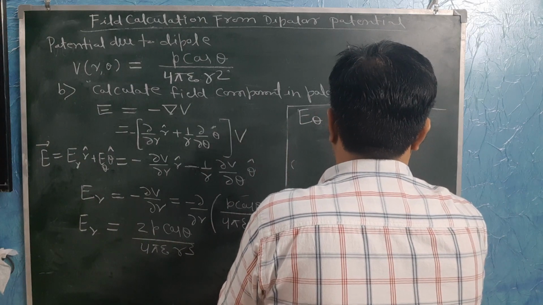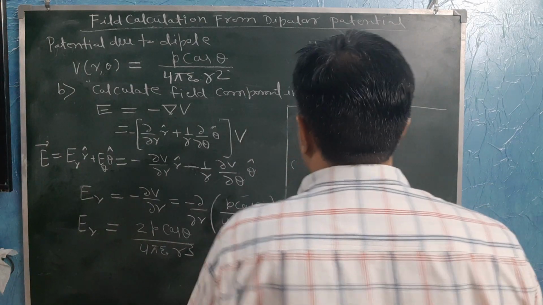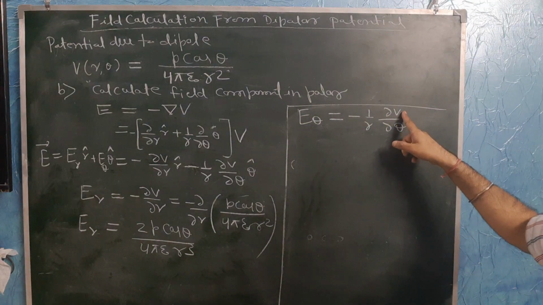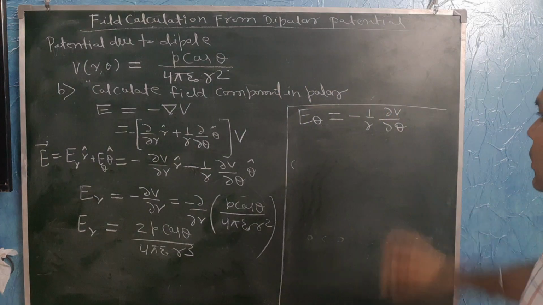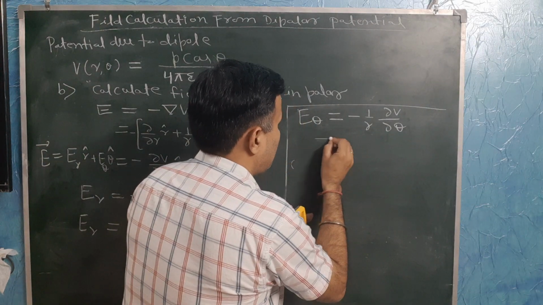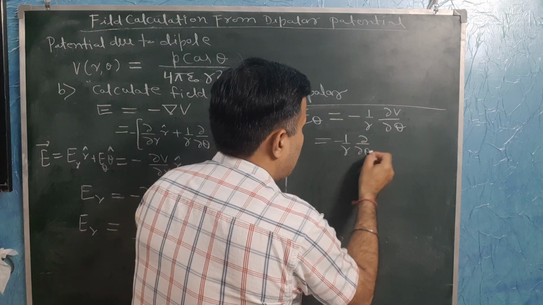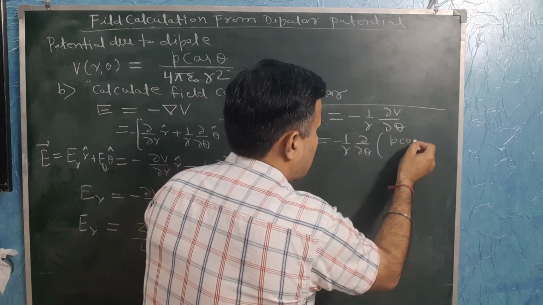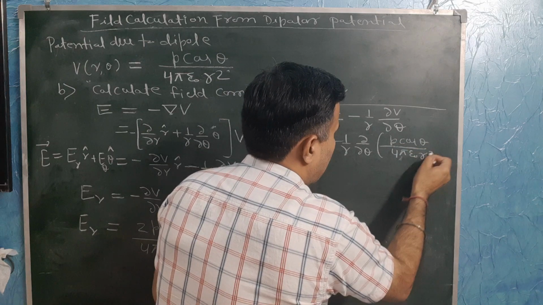So minus 1 by r del V by del theta. It means we have a potential profile. Now differentiating this V with respect to theta, we have minus 1 by r del by del theta of p cos theta by 4 pi epsilon naught r square.